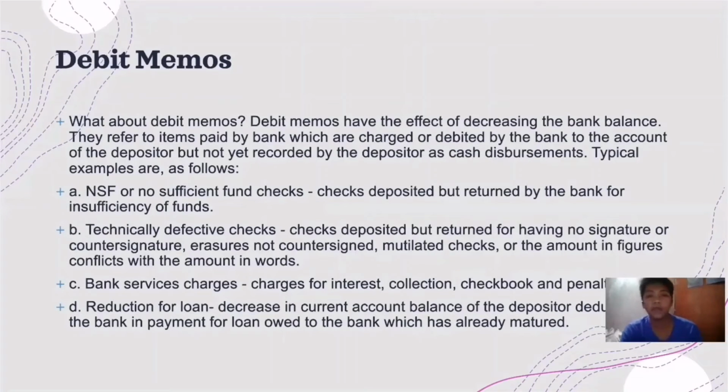B. Technically defective checks: checks deposited but returned for having no signature or countersignature, erasures not countersigned, mutilated checks, or the amount in figures conflicting with the amount in words. C. Bank service charges: charges for interest, collecting, checkbook, and penalty. D. Reduction for loan, decreasing the current account balance of the depositor.